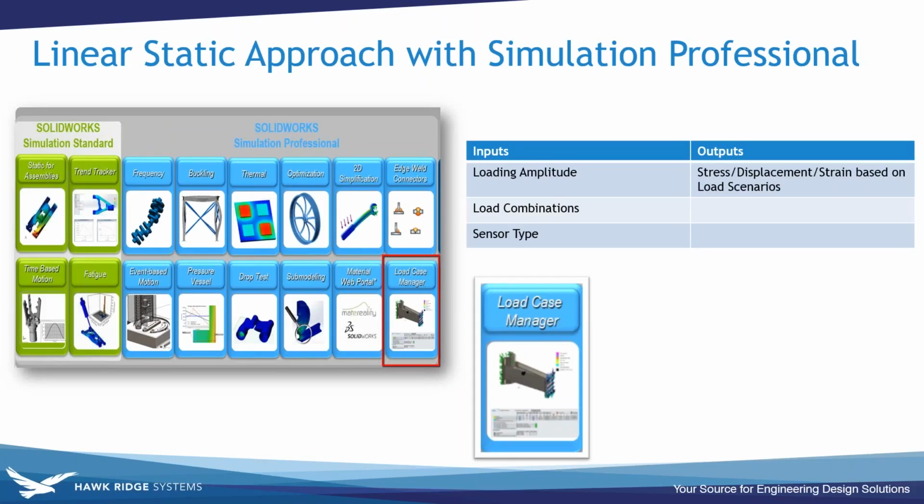And it prevents us from having to duplicate that original static analysis and comparing those results, and we can do it all within one interface. So the inputs of that we'll see here very shortly is defining the loading amplitude, any possible load combinations that I want to see, and we get our results such as stresses, displacement, strains, pretty much any result type that I can make based off a sensor that I define.